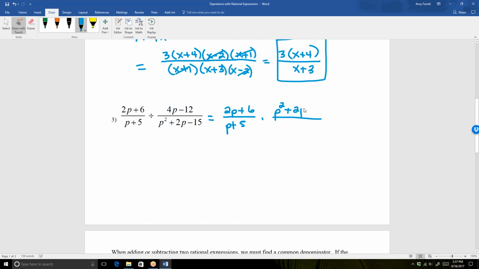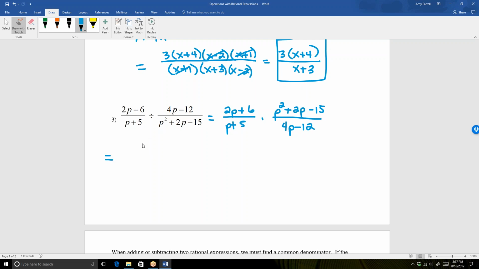And this is something that you probably remember doing back in maybe upper elementary or middle school. Whenever we divide two fractions, we take the first times the reciprocal of the second. Reciprocal is just flip it. So I've changed this into a multiplication problem.